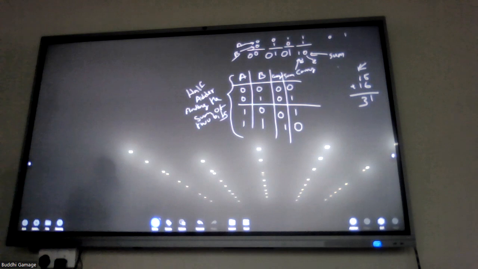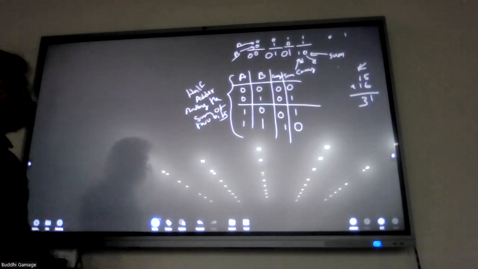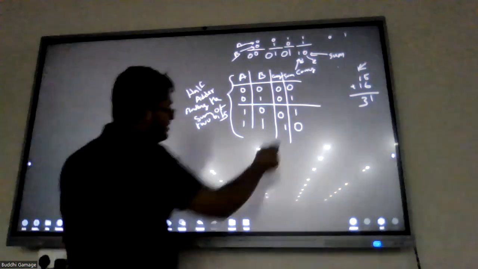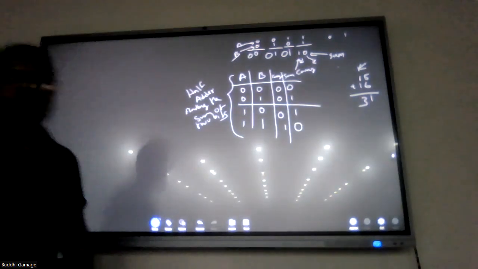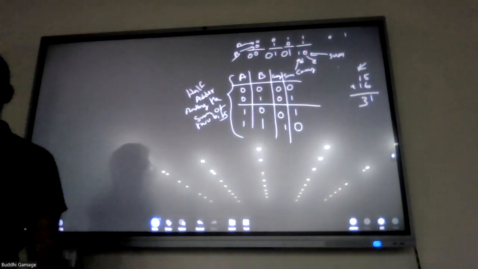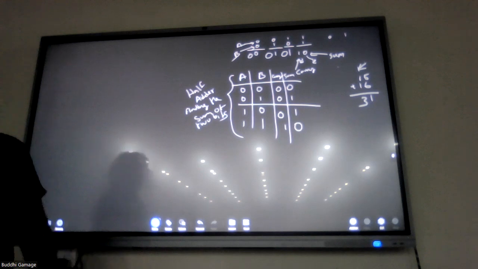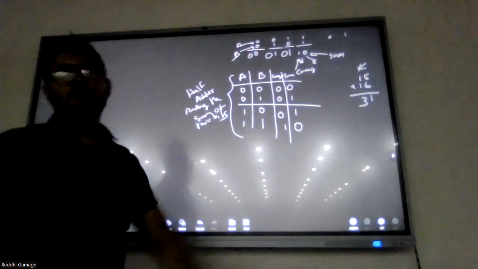So it is half adder. As I mentioned, there are two outputs. Now I'm asking you to design the logic circuit for this truth table.